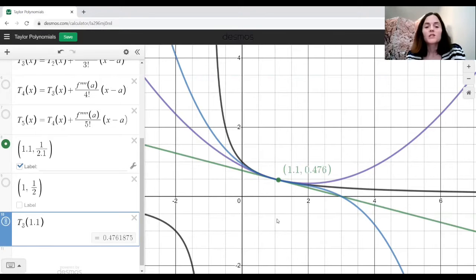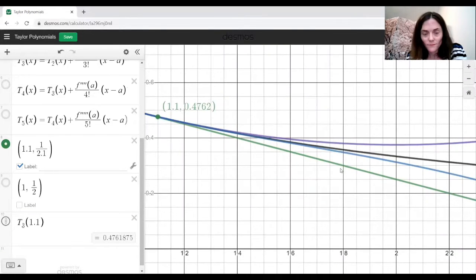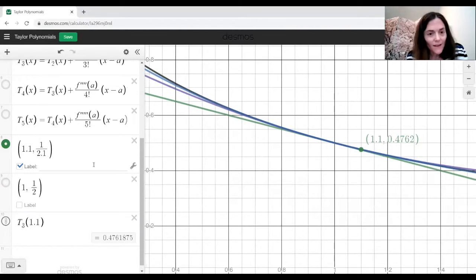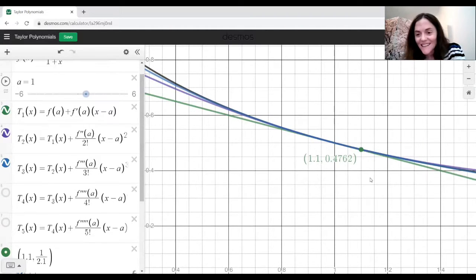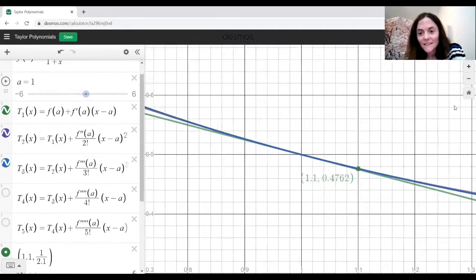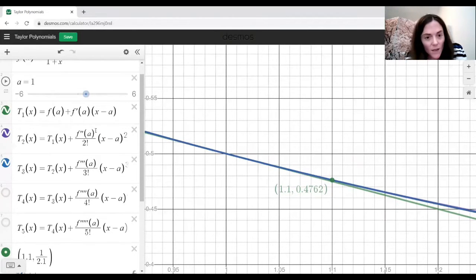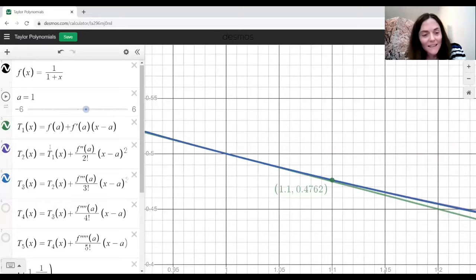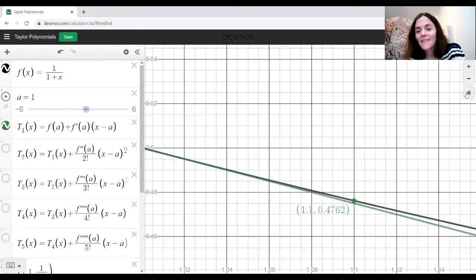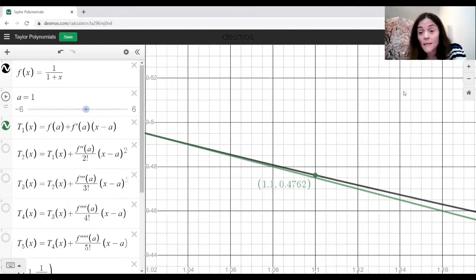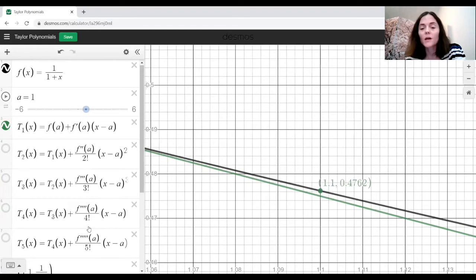Again, to the first 3 decimal places, it looks exactly the same. Well, if we start zooming in, maybe I will take off T2 and T3. This is literally on the graph. And we can already see zooming in at this level that it's not exactly the tangent line. We could compute the error.